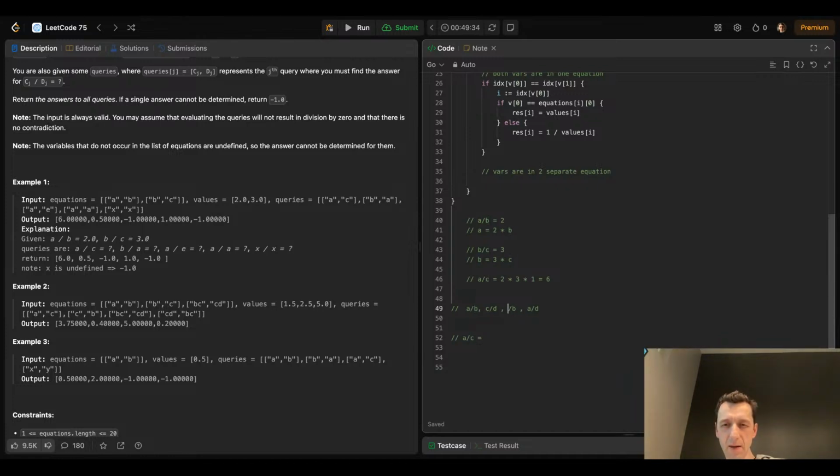Now if B doesn't have a direct connection through C, it has a connection through D. So A through B, B can be expressed through D, and now D can be expressed through C. So we have C and C, essentially.